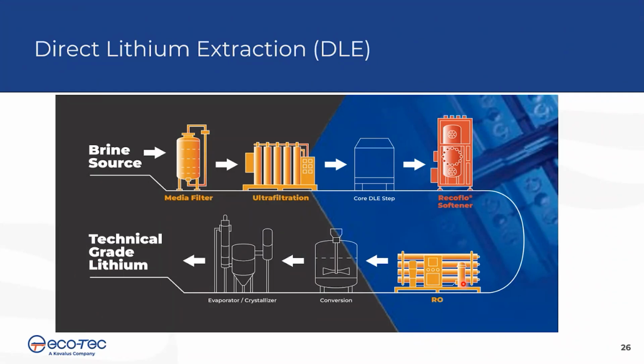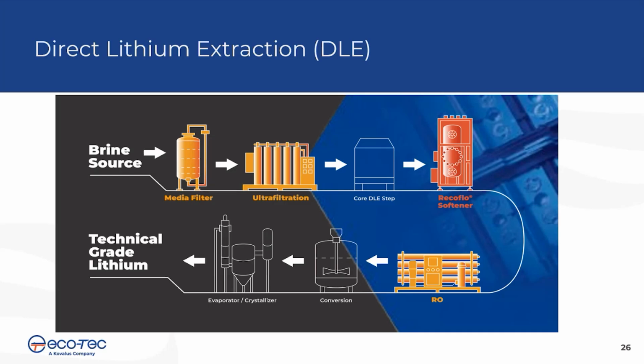We can support RO through covalent membrane solutions as well. One useful way to look at this flowsheet is to recognize several of these steps are concentration and finishing steps. RO and evaporation crystallization both move the system toward higher concentration.